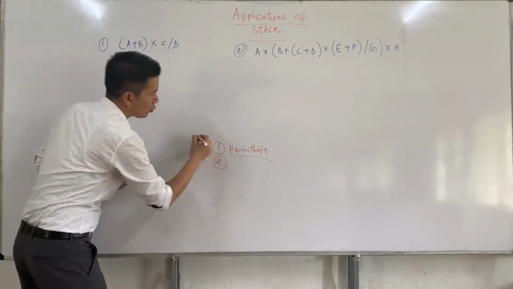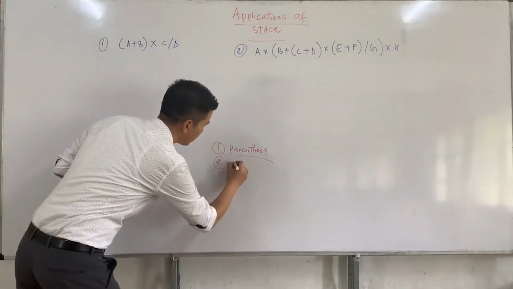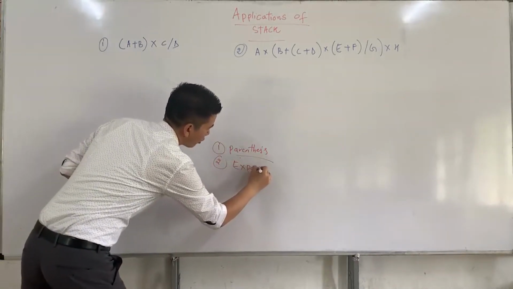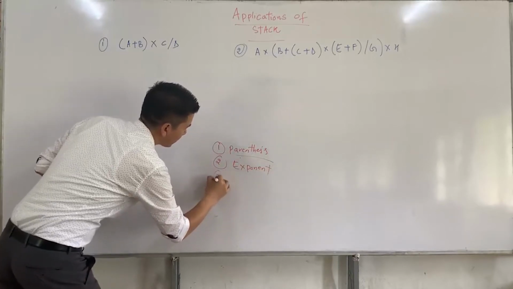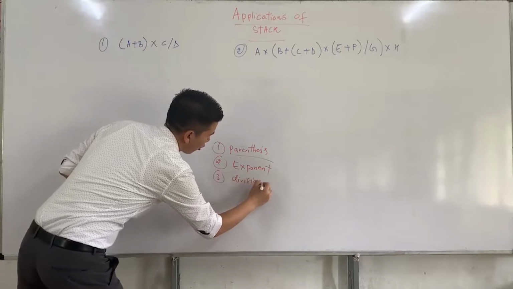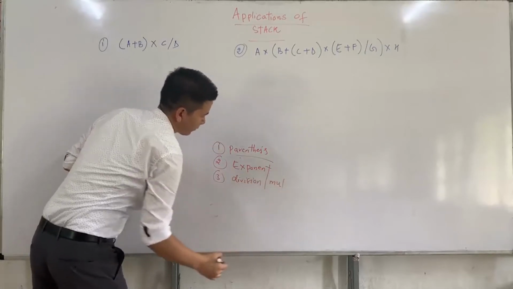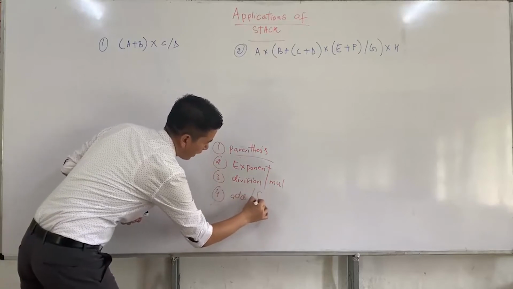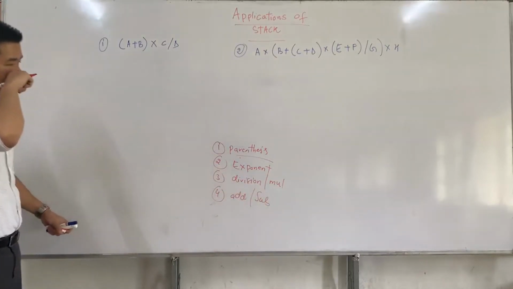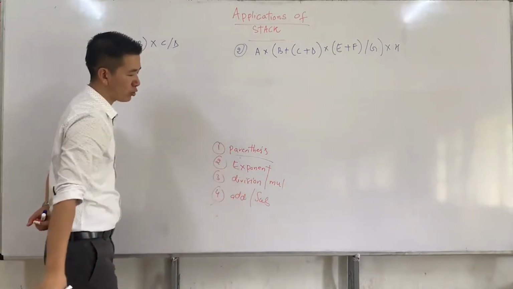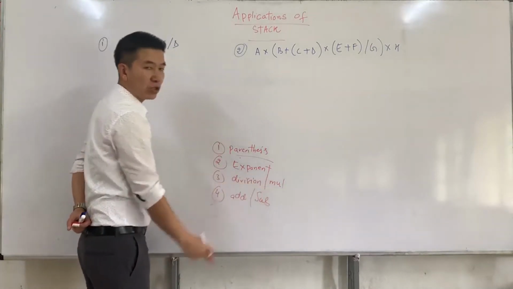And then number two will be the exponent, and then you'll have division or multiplication, and then finally you will have addition and subtraction. So the parenthesis has to be evaluated first, followed by exponentiation, and then division and multiplication.